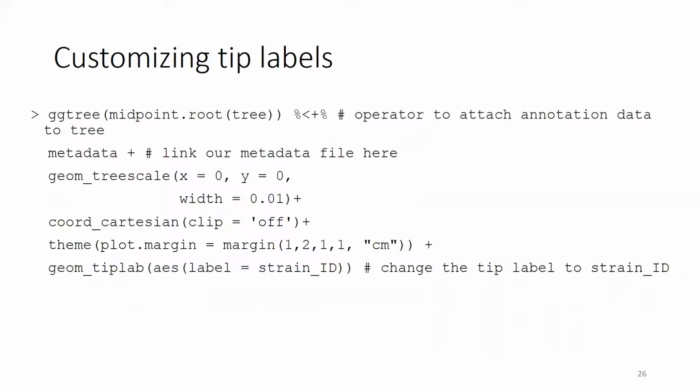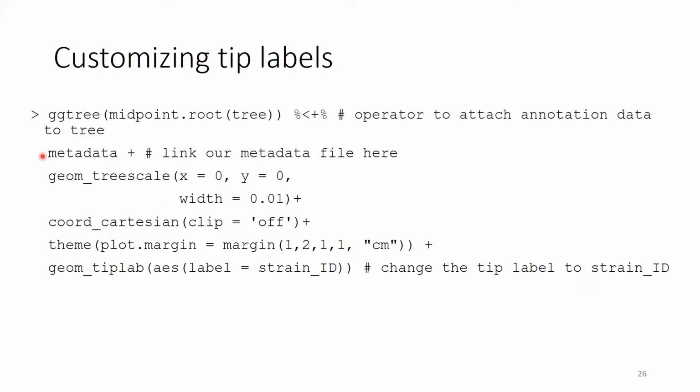So now we're going to customize our labels by linking the metadata file. This operator here is used to attach the annotation data to the tree. And it's also discussed in the ggtree book if you want to read more about it. So we have the tree and its midpoint root as before. And then we add this operator, and then the name of our metadata file object is called metadata.